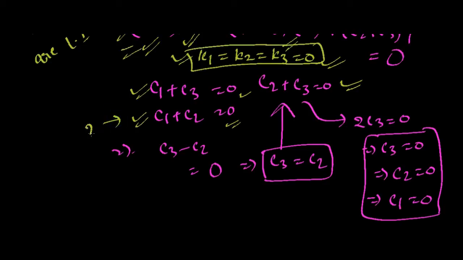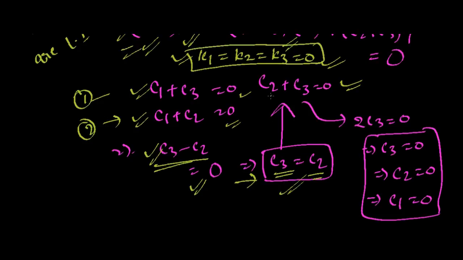Let's suppose this is equation 2 and this is equation 1, and we subtract equation 2 from equation 1. Then we get C3 minus C2 equals 0, right? And this further means that C3 equals C2. When we put this in this equation, we get 2C3 equals 0.